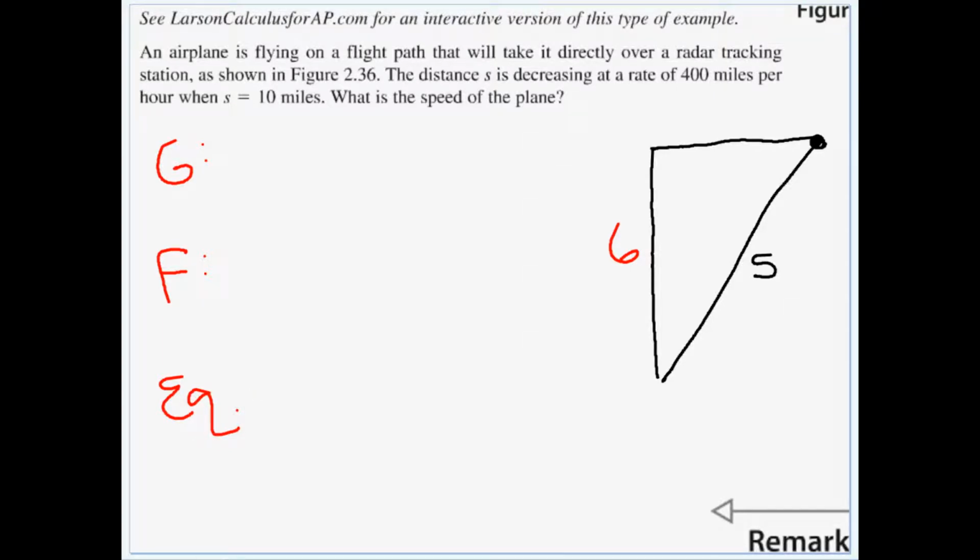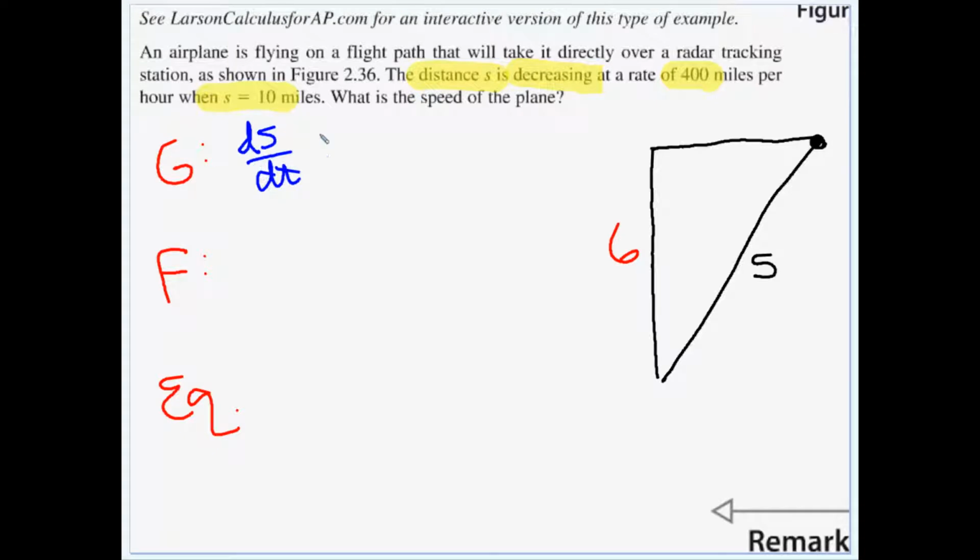Well, let's go back up to the problem. An airplane is flying on a path directly over the radar tracking station. The distance S is decreasing at 400 miles per hour when S is 10. So the distance S, this hypotenuse of the triangle, is decreasing. And they gave us that rate, so that's our given, ds dt.